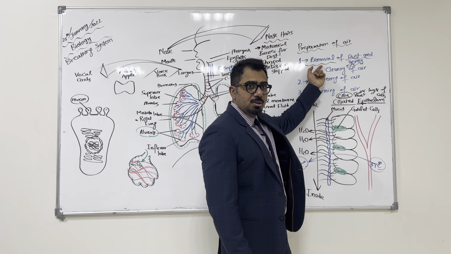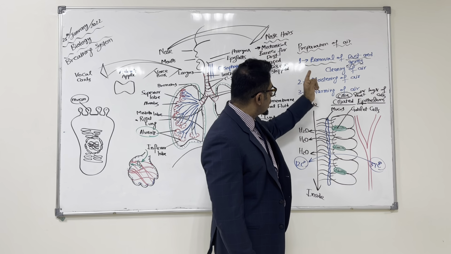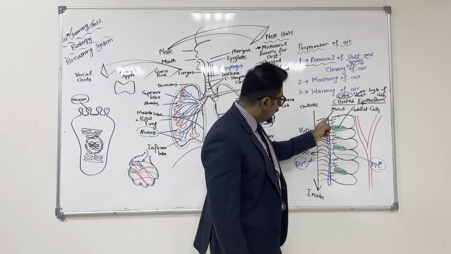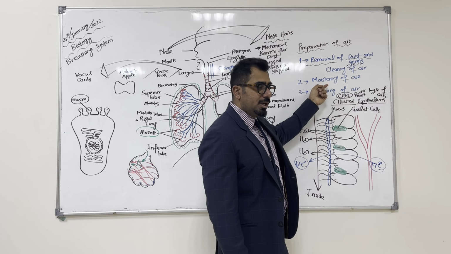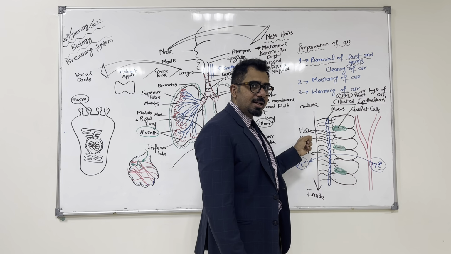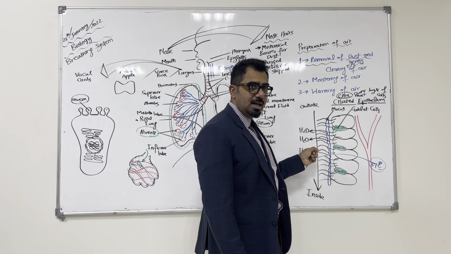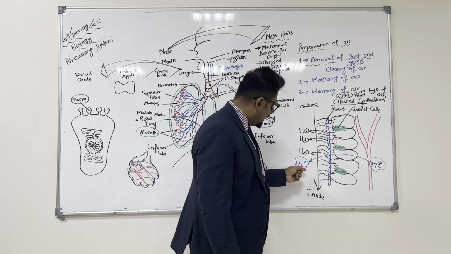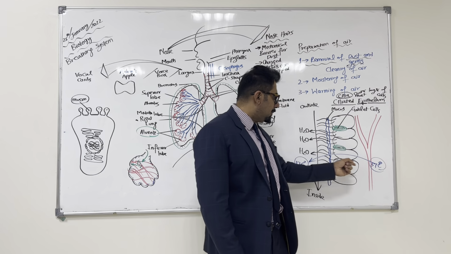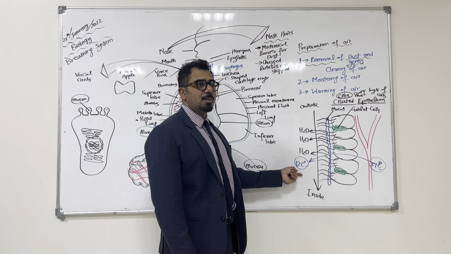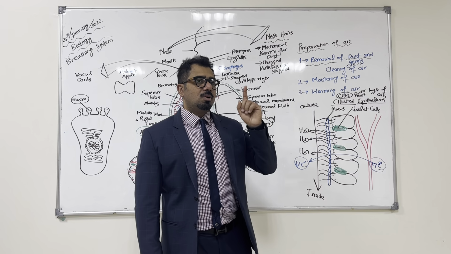Dust and germs are removed first of all by the nose hairs, and then by sticking to the mucus. Second, moistening of the air. Water is added to the air from the mucus, that's why mucus becomes dry, and heat is added from the blood into the air, and the air becomes warm. Now still one story is left.